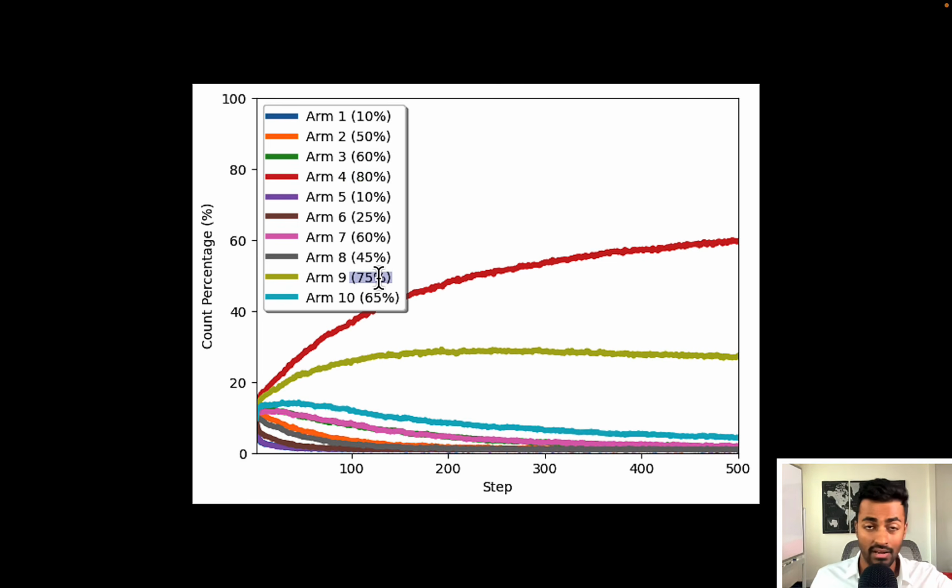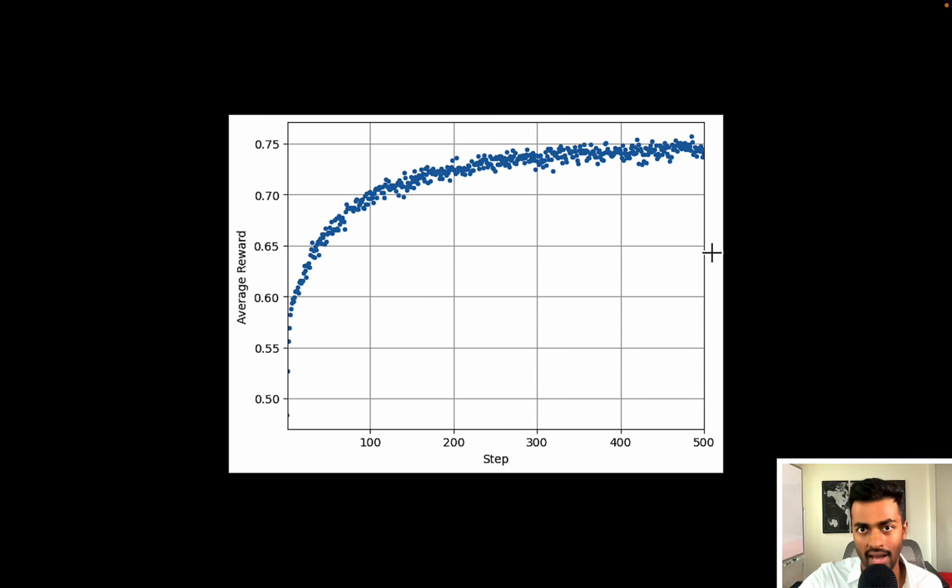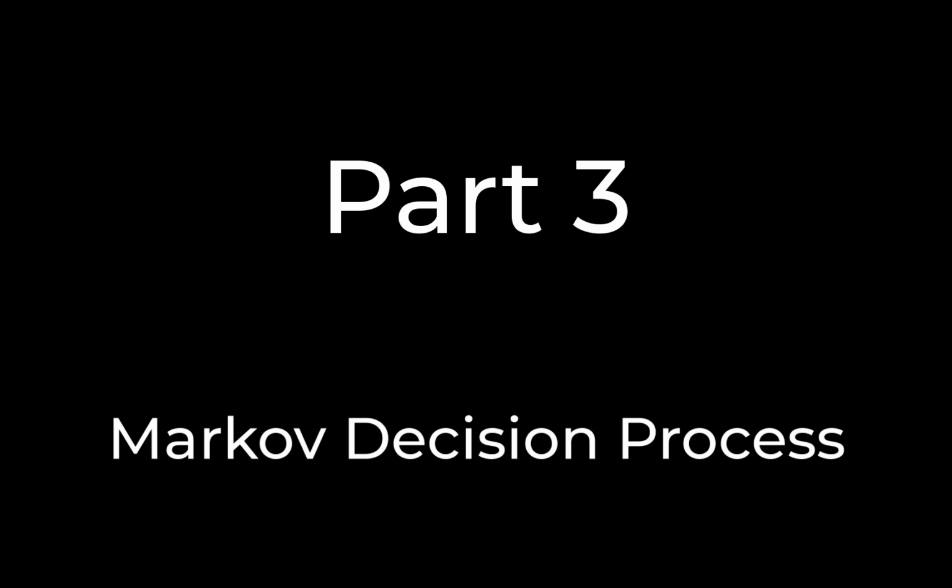And though we didn't know this, we figured it out through rounds of exploration, and eventually we could start exploiting them to actually get those rewards. And that's why we choose these arms more and more over time, and that's also why we see that these rewards get better and better over time.